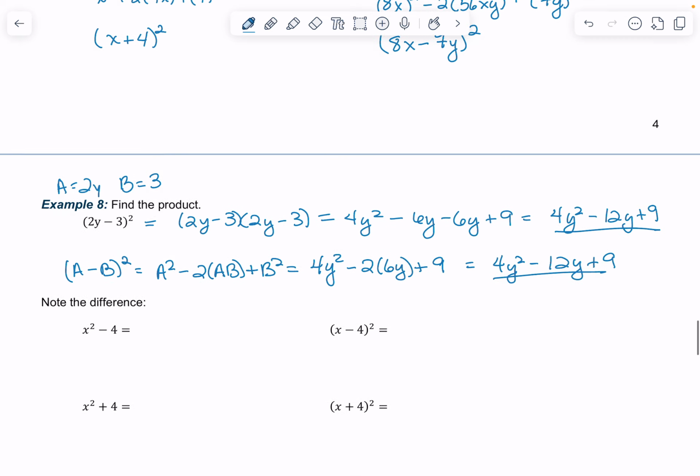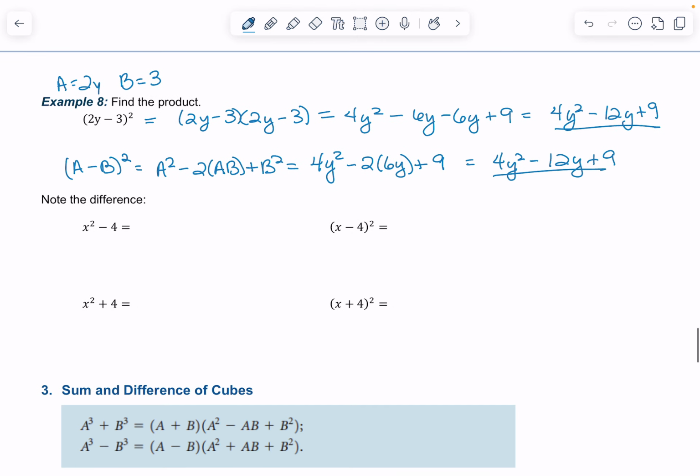All right. Really quick, note the difference. Here, this x squared minus 4, that's a nice difference of squares, and it turns into an x plus 4 and an x minus 4. All right, that's because I have an x squared minus 2 squared.